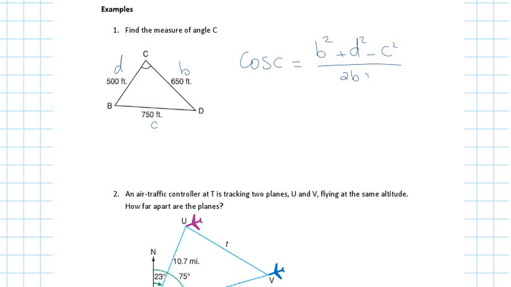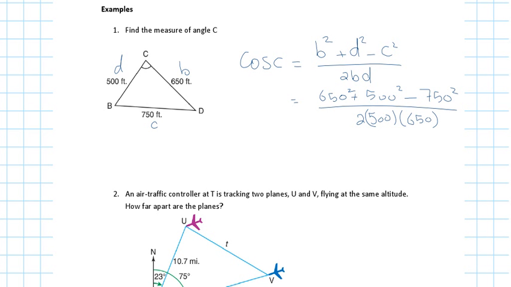Perfect. So B squared is 650 squared plus 500 squared, don't forget the square, minus 750 squared, over 2 times 500 times 650. It doesn't matter the order. If 650 first or 500, it's going to give you the same thing.